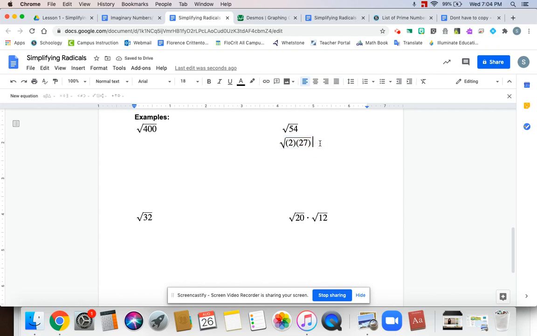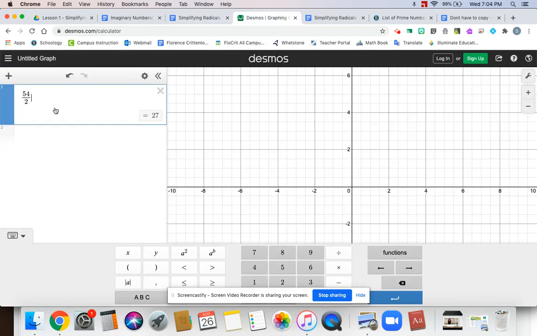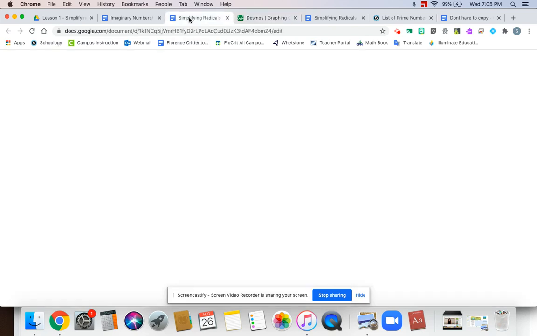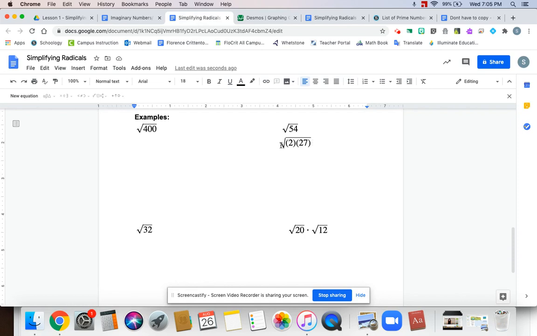Now can 27 divide by 2? Nope, it's a decimal, so then I'm going to try 3. Yes, it divides by 3, and 27 splits into 3 times 9.